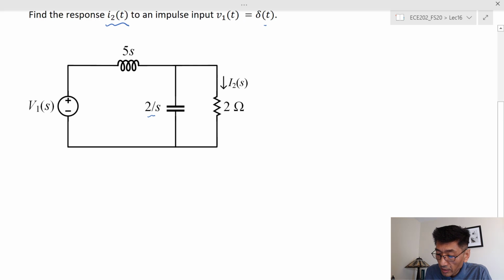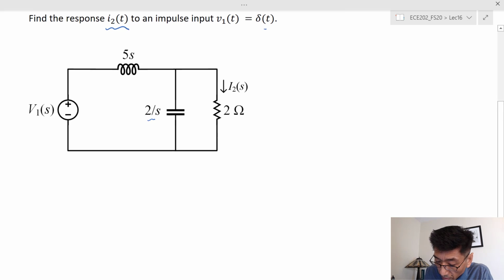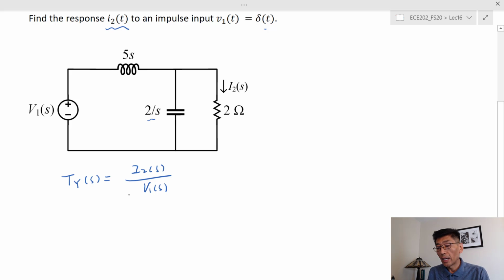So I would like to start with the transfer function T(s), a two-pole network, right? T(s) is equal to I_2(s) over V_1(s). If I can find this, then the impulse response i_2(t) should be just equal to the inverse Laplace transform of T(s), right? So that's where I'm going.